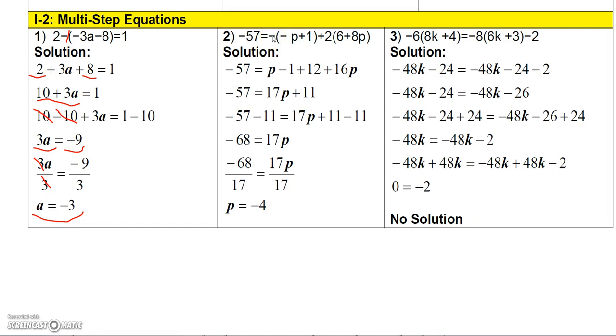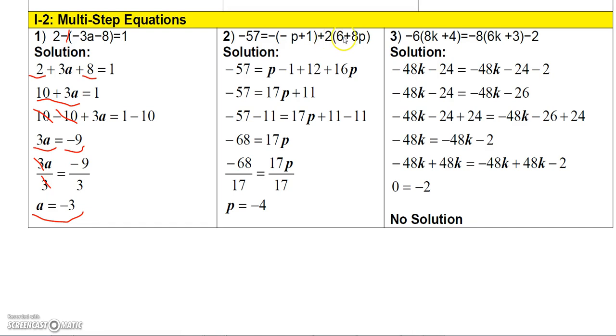Here we've got a negative in front of this parentheses, so I'll just distribute negative 1 through here. When I multiply negative 1 times negative p, that'll give me a positive p. And then negative 1 times 1 is a negative 1. But then over here I have a 2 that has to be distributed through these two terms.